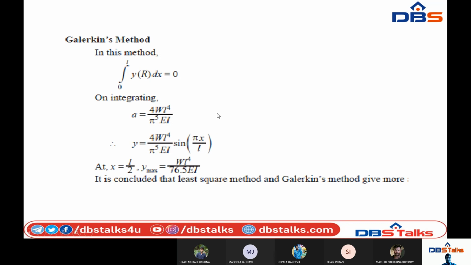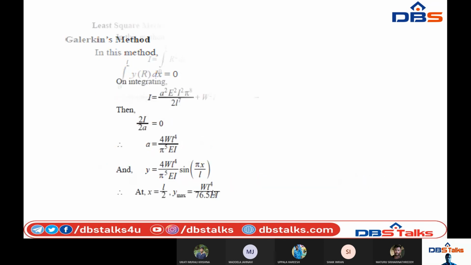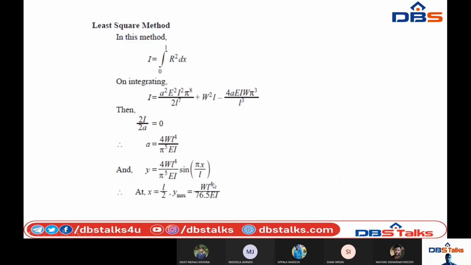At x equal to half, we get the value of y max equal to WL power 4 by 76.5 EI. It is concluded that the least squares method and Galerkin's method are similar.